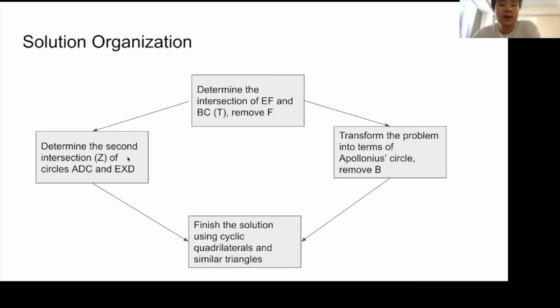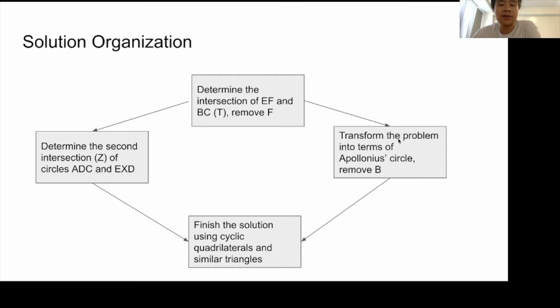Then we split into two paths. First of all, they give us two circles where we are interested in the two centers, and it just happened that these two circles have one of the common points defined in the problem, which is D. And now we are going to determine what the second intersection, which is Z, looks like.